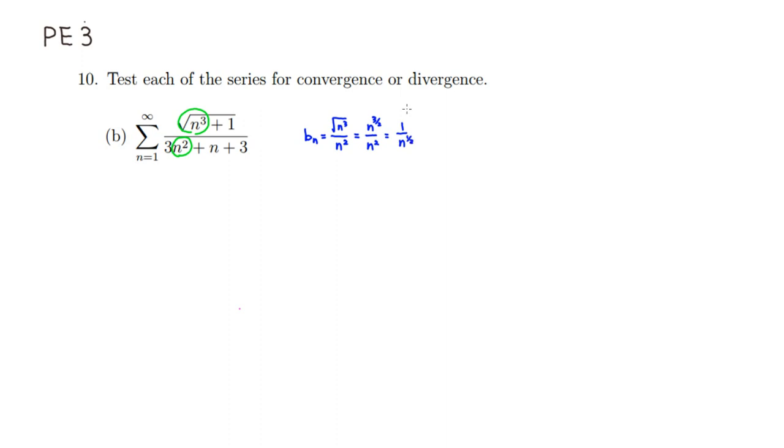So if you look at the series with this bn, it's going to be the summation of 1 over n to the 1/2 power, with n equals 1 to infinity.